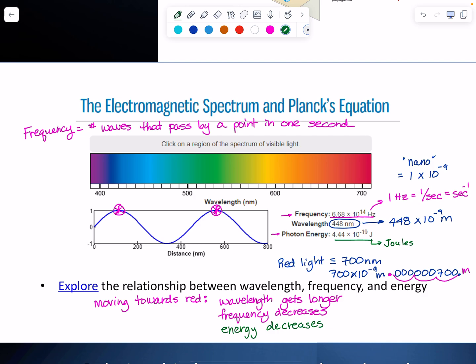All right, so moving around in the visible spectrum gives us the relationship, okay, between wavelength, frequency, and energy. These trends hold for the entire electromagnetic spectrum, okay? So if we go into things like microwaves, gamma rays, X-rays, okay, you've heard of all these things, right?